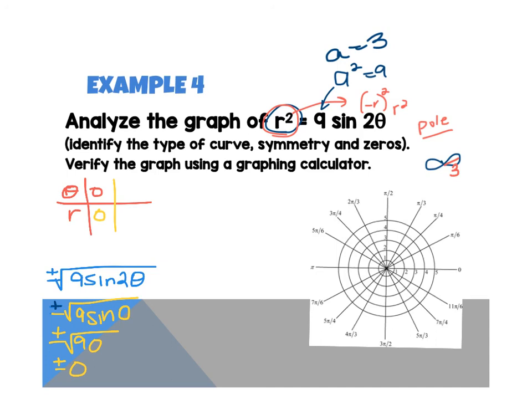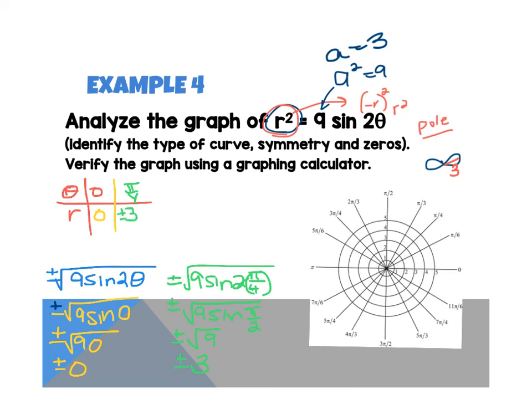Then I'd go to where it's, maybe try pi over 4. When you do pi over 4, I end up with plus and minus square root of 9 sine 2 pi over 4. This becomes plus and minus the square root of 9 times the sine of pi over 2. Sine of pi over 2 is 1. Square root of 9 times 1 is square root of 9, and I get plus and minus 3.